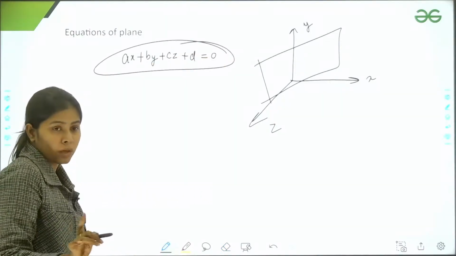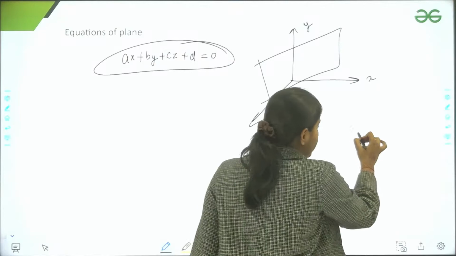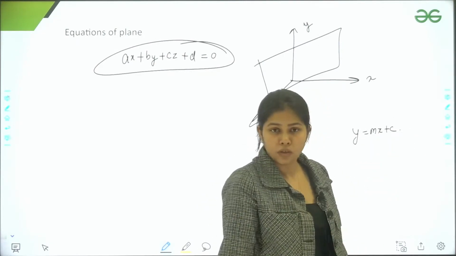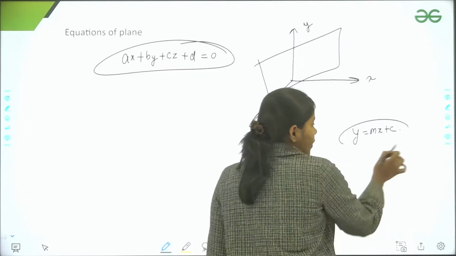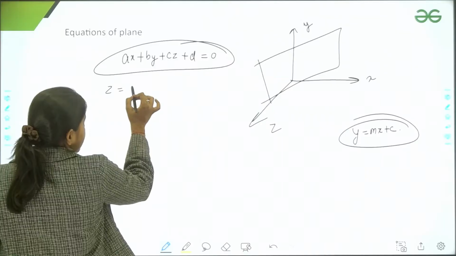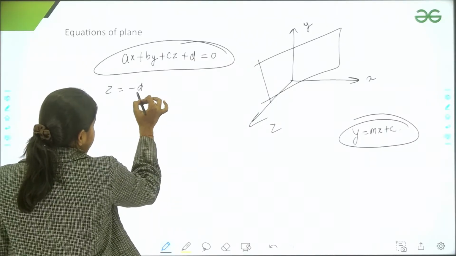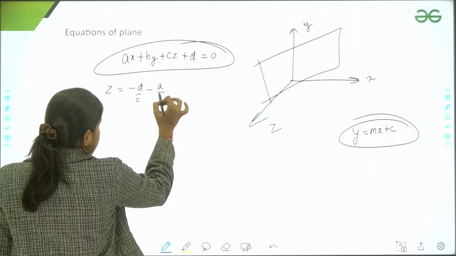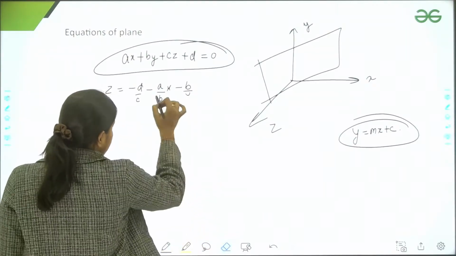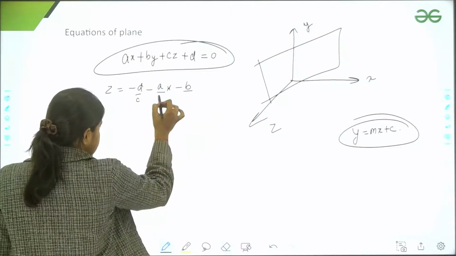Previously we have written the equation of a line as y equals mx plus c, right? You guys remember. If I find the z value from here, it would become z equals minus d by c minus a by c x, sorry, minus b by c y.